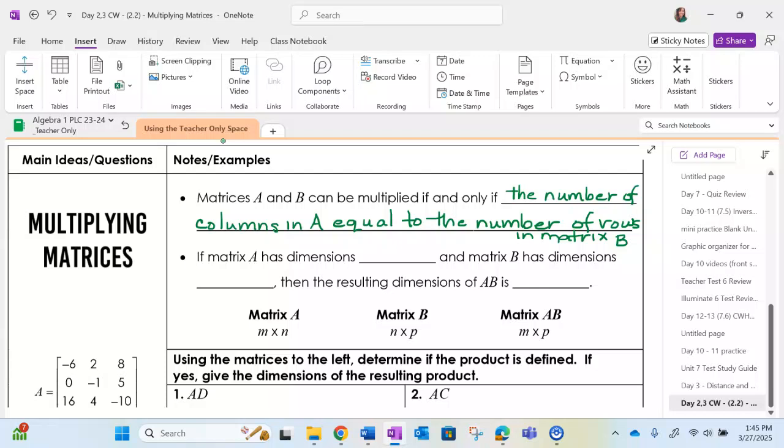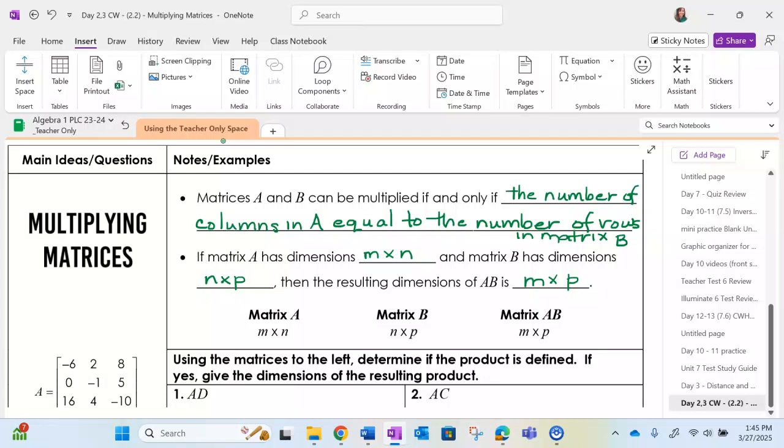So if matrix A has dimensions m by n, and matrix B has dimensions n by p, then the resulting dimensions is m by p. Let me show you why I said that. I tell people to put them together.